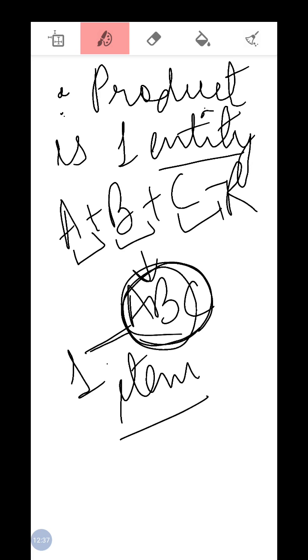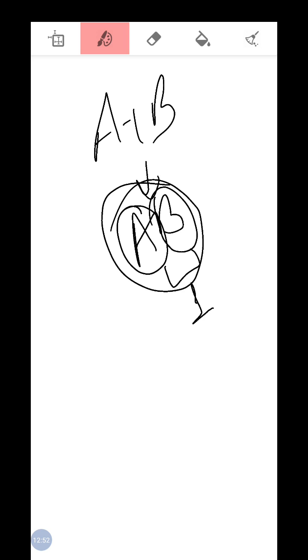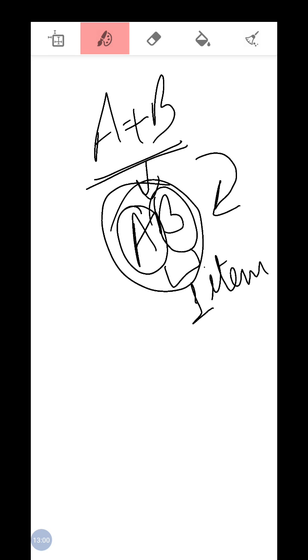Okay, it could be A plus B plus C, it could be A plus B, which forms AB, as in case of NaCl. Here, AB is one entity, they're not separate. Okay, it's one entity or one item. Okay, so these have joined together to form this one item. Okay, here there are two separate items or entities.